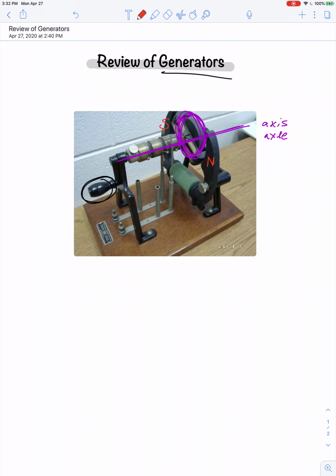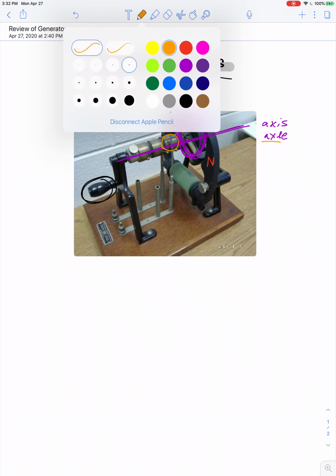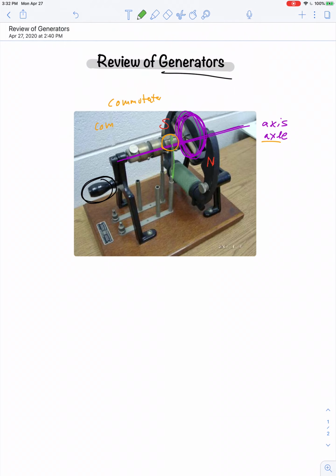And then we can see here, this part that's also mounted on the axle is the commutator. And the commutator is contacted by a pair of brushes. One brush touches that half of the commutator and another brush here on the back side. And so this is going to lead to the output of the generator.